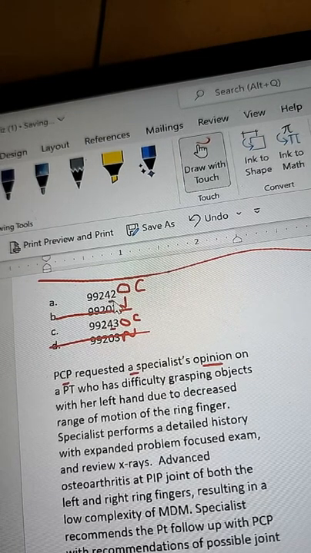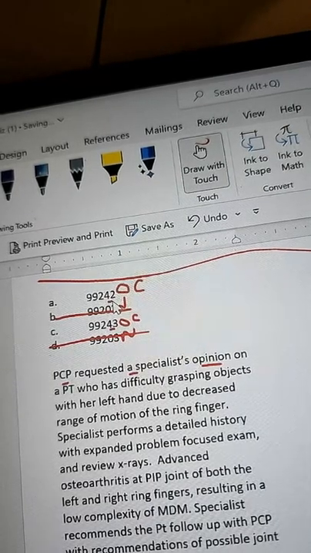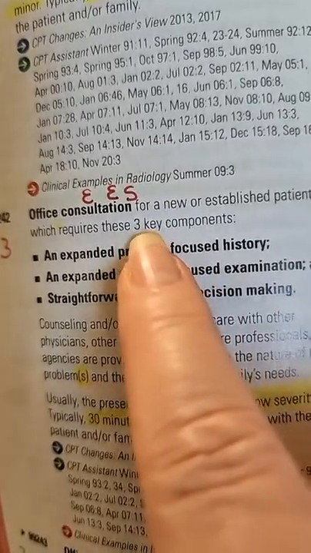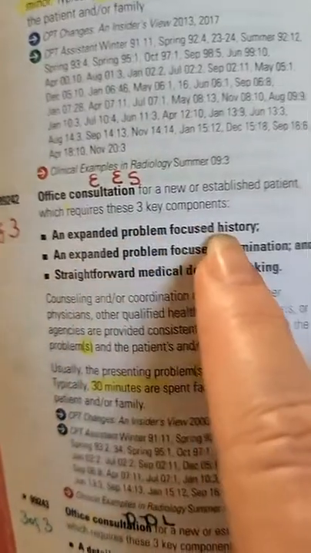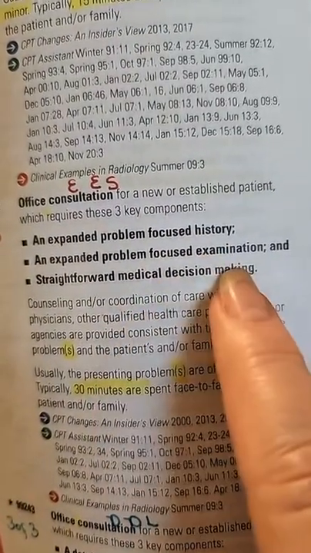Well, our difference is because our guidelines for office consultation, right here, if we look at our 42 and our 43, we see that our guideline states we have to have all three components match. So we have to match our history, our exam, and our MDM.